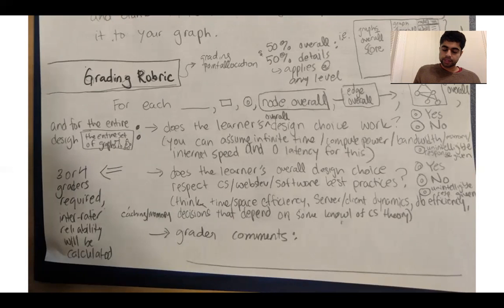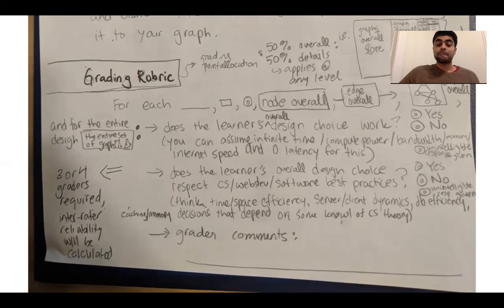A grader would assess the overall application that is presented, the overall architecture that is presented, and that would account for 50% of the learner's score. Then the details would account for 50%. So each tree in the diagram that was presented would be graded, and for each of those trees, they would get an overall score, and then they would get detailed scores.